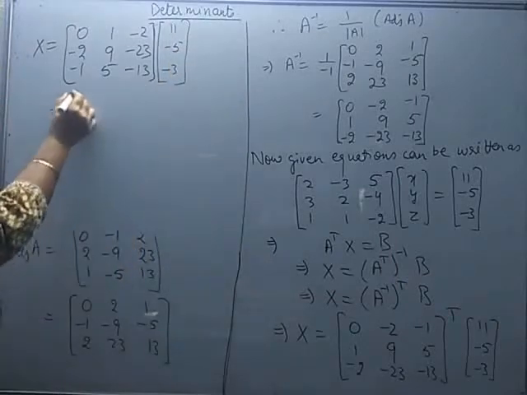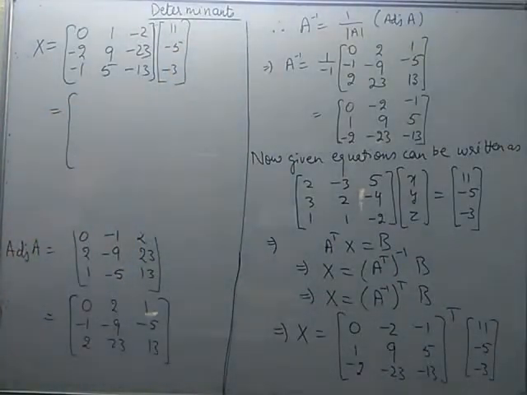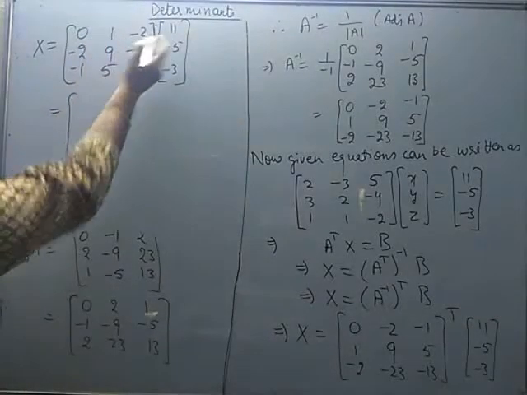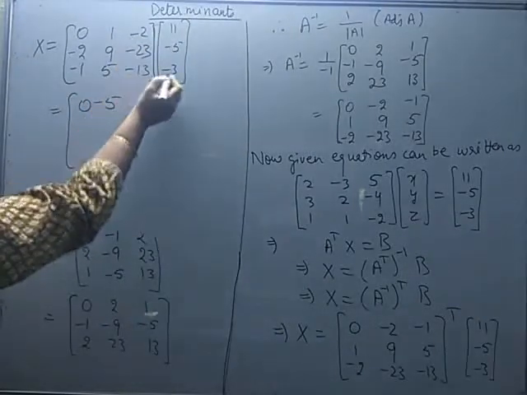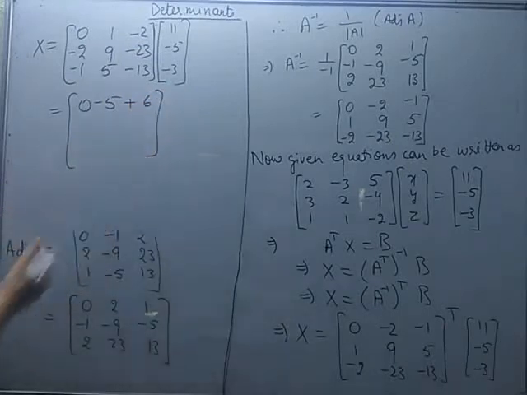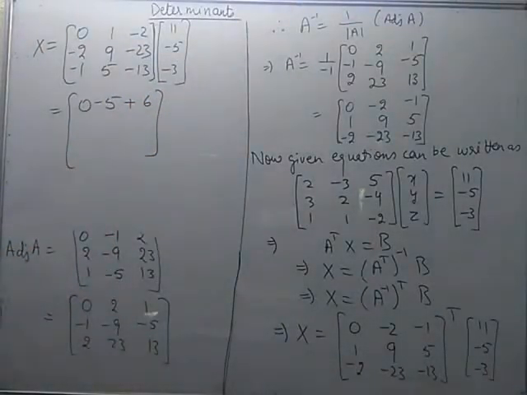So start with the multiplication part. Each row's elements will multiply with the corresponding elements of the column in the next matrix. See, the first element reduces to 11 into 0, then 1 into -5, -5, -2 into -3, which comes out to be 6 only.